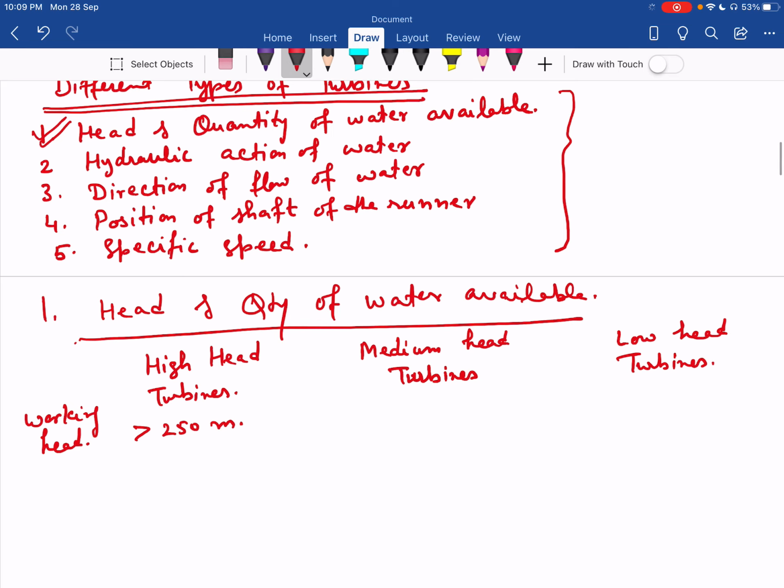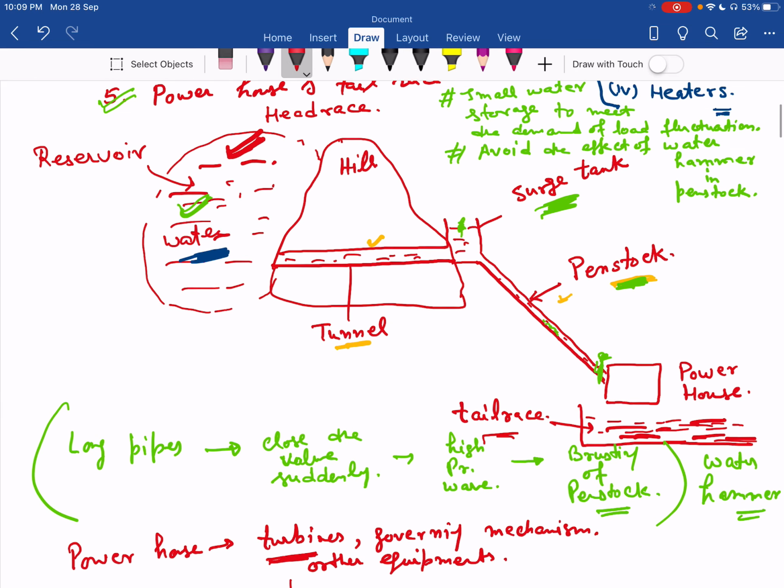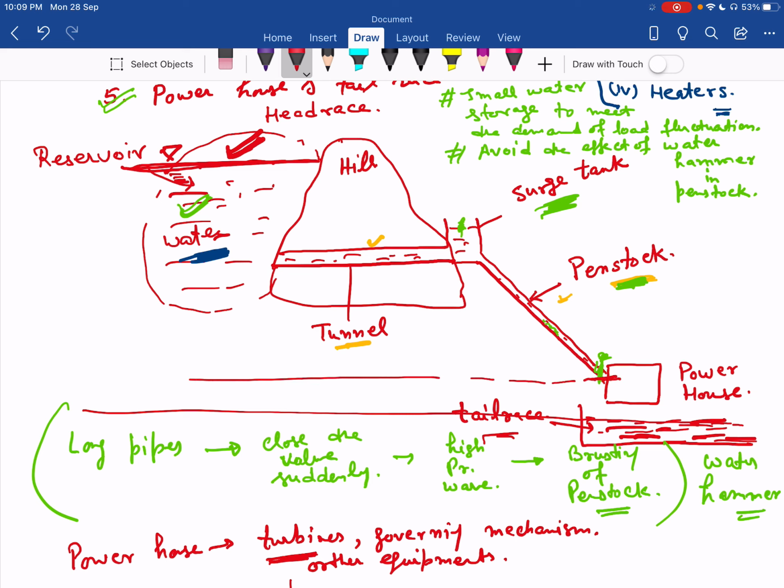Now this working head means the level of the reservoir, and this is the level of the tail race, and this is the level where water enters the powerhouse. So this height, this head, is the working head or net head.